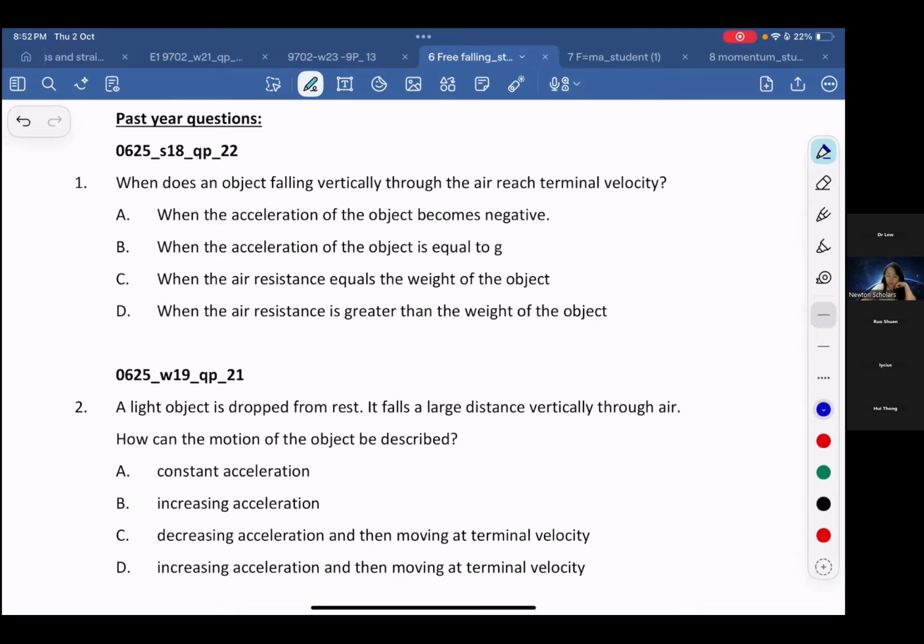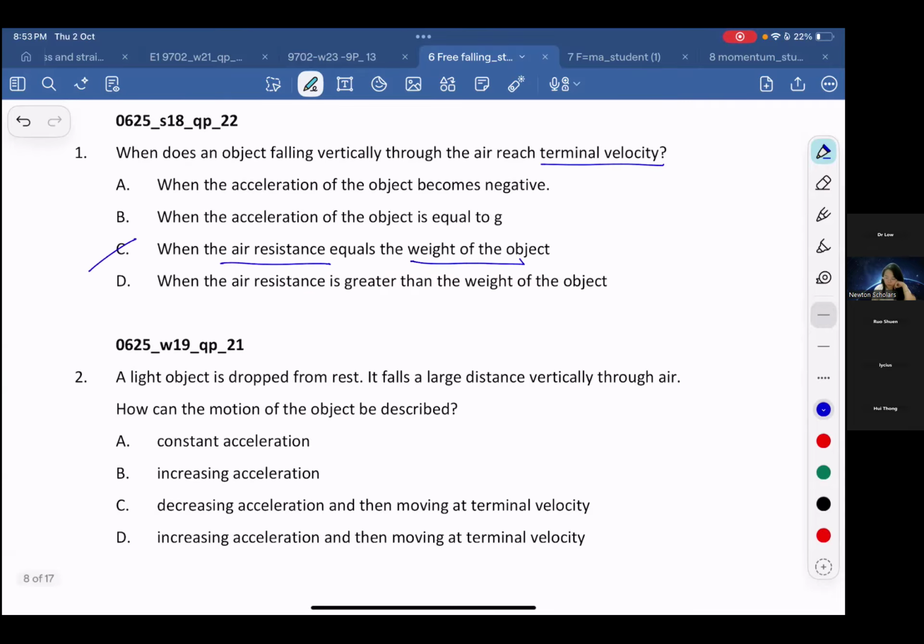Yes, correct, Hui Tong, the answer is C. When air resistance equals the weight, it achieves terminal velocity.